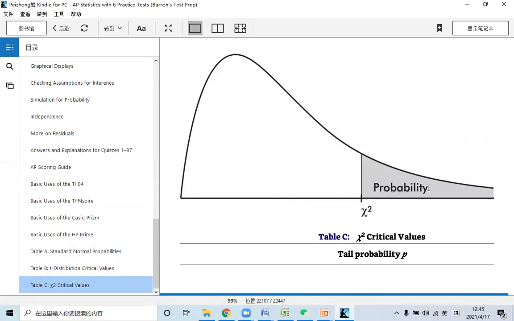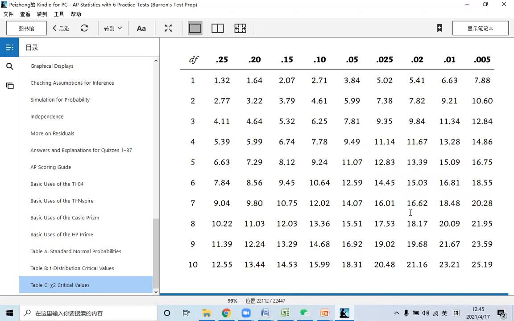Larger chi-squares in the shaded area would allow you to reject the null hypothesis. This probability is the probability that you would observe this chi-square value if the null hypothesis were true.